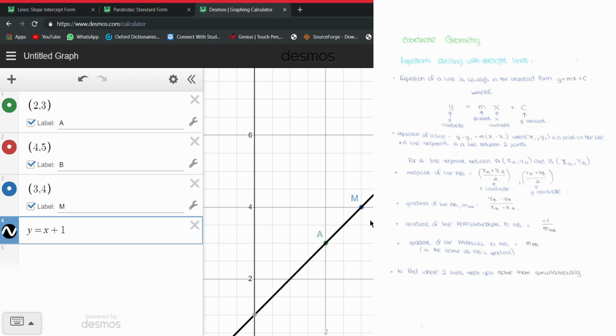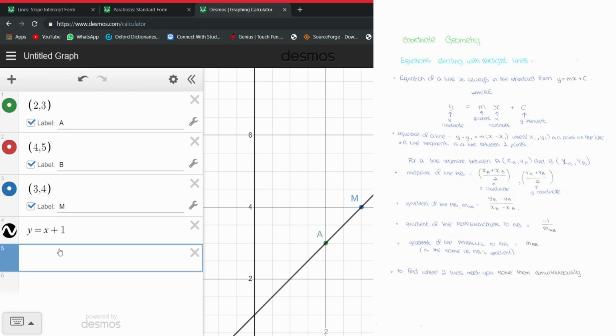So y minus the y-coordinate of the bisector, which is 4, is equal to -1 times x minus, the x-coordinate is 3. So it's y minus 4 is equal to -x plus 3, because negative times negative is a positive. y is equal to -x plus 3 plus 4, y is equal to -x plus 7.